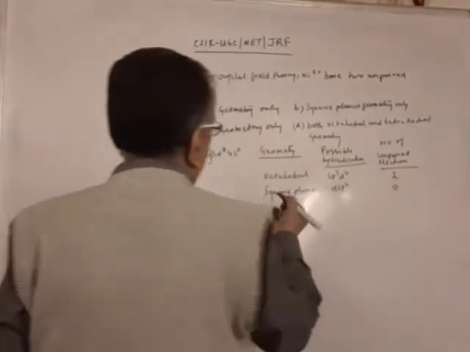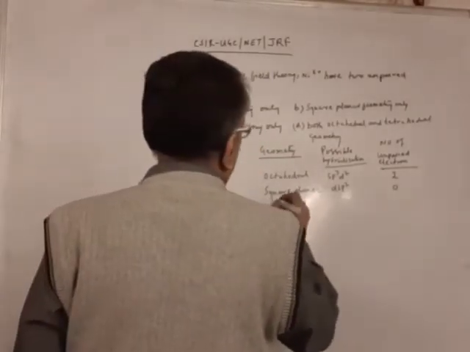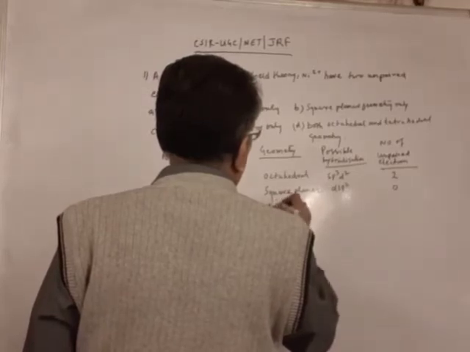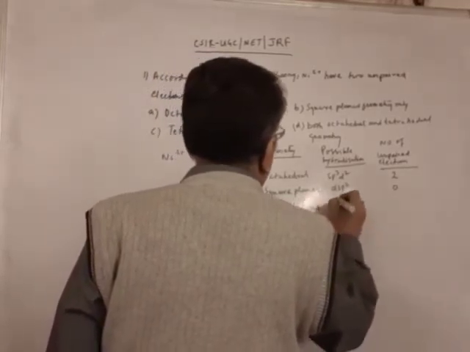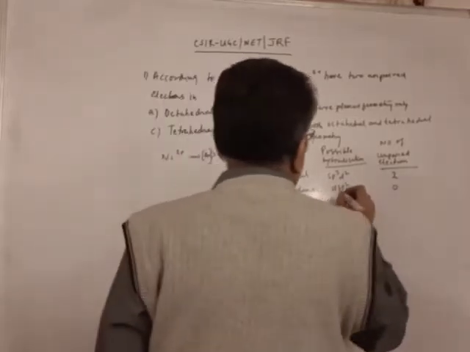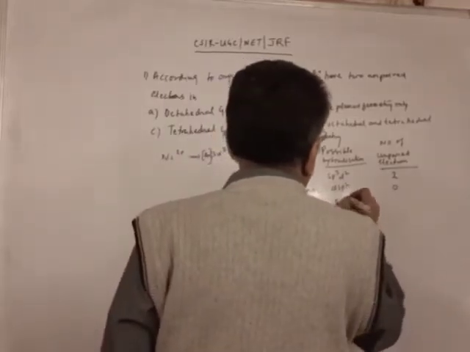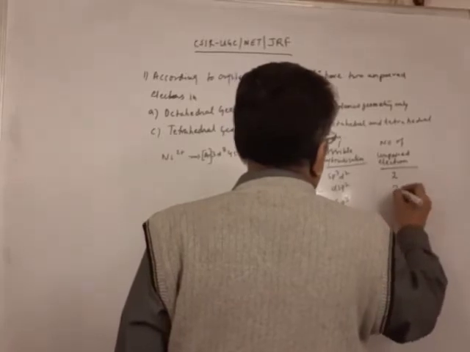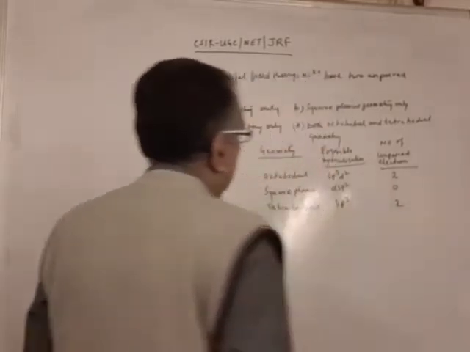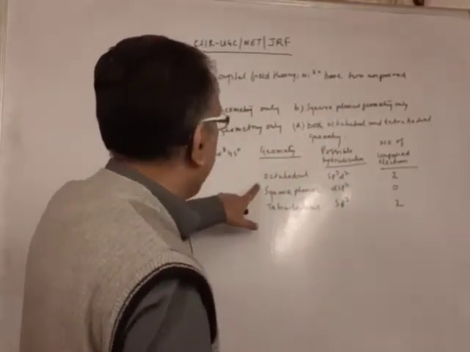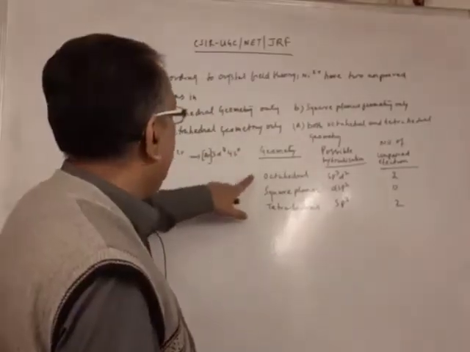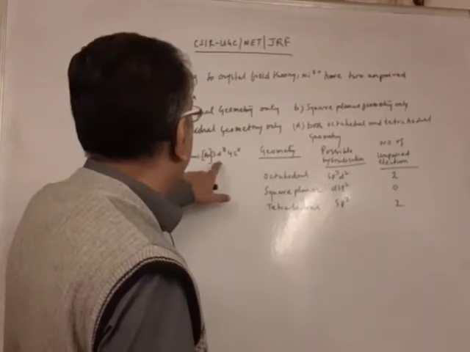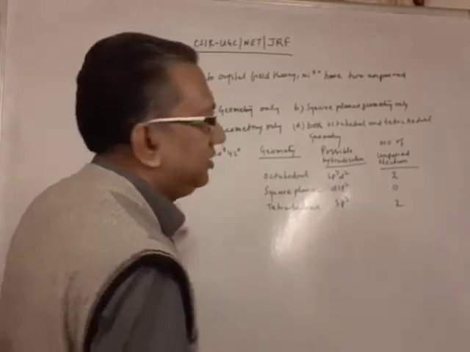And for tetrahedral geometry, the hybridization is sp3 and the number of unpaired electrons is 2. So these three types of hybridization and three types of geometry are observed for the 3d8 4s0 Ni2+ structure.